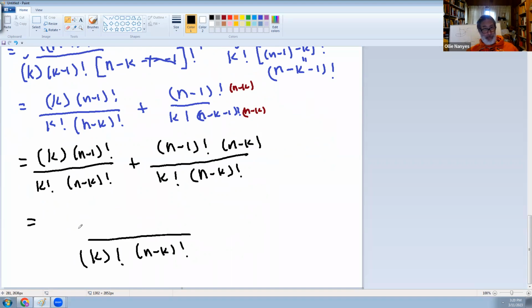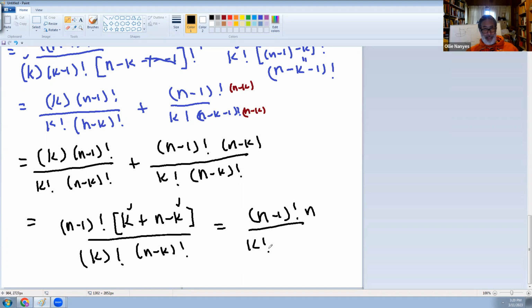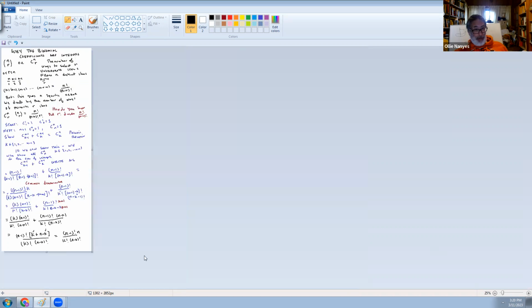And now I have an n minus 1 factorial that I can factor out. And I'm left with a k plus n minus k. And notice these two k's cancel. So we have n minus 1 factorial, n, k factorial, n minus k factorial. And that leads us to exactly what we want.